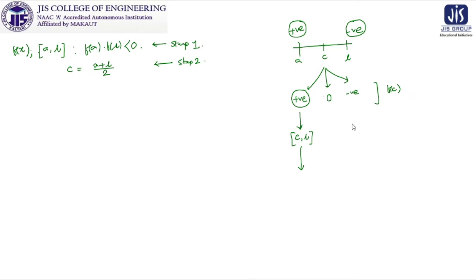But in either case, if we get f(c) equal to 0, please think about it, that will be our desired root, because our target is to find the root, and root means the functional value will be 0 at this point. So obviously we are reaching our destination with exactness.